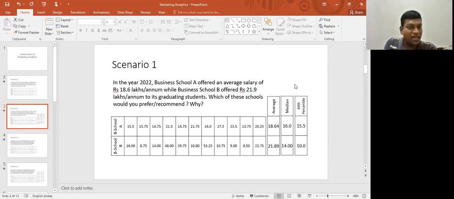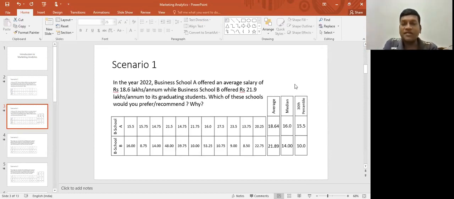So the median figure in A is higher. If you're just an average student in B school A, using the loose English term, you're better off than the average student of B school B. Now, if you want more confirmation, you look at the percentile.